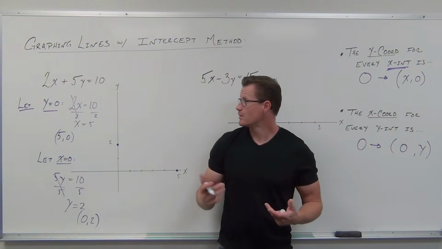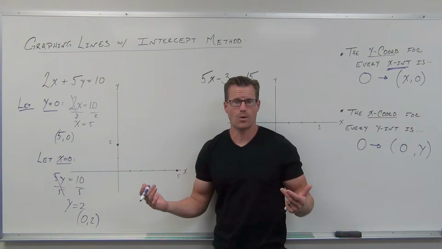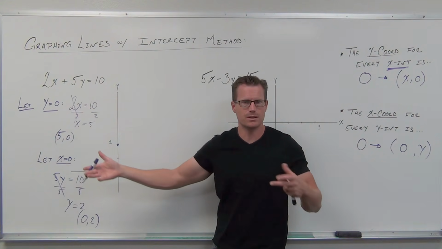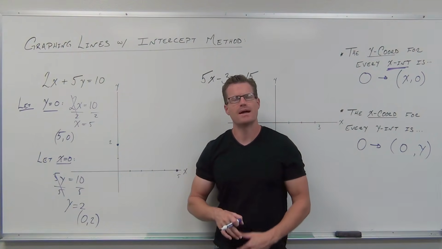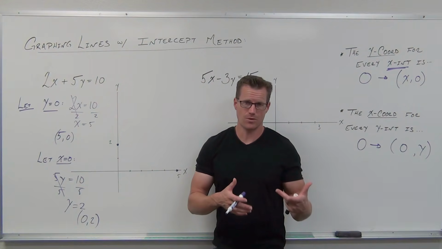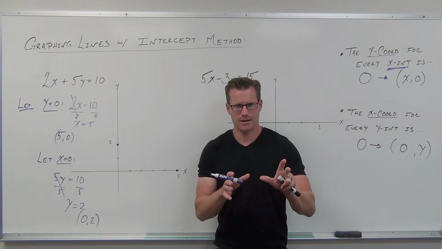That's a beautiful thing, because we did all of that with minimal work. We didn't have to solve for y. We didn't have to plug in points. I mean, kind of barely. We plugged in 2 coordinates, and they were easy ones. They were 0. And it gave us 2 points. That's the minimum number of points that you need for graphing, but it's sufficient for graphing a line. That's awesome. So here's what I want you to get out of this.